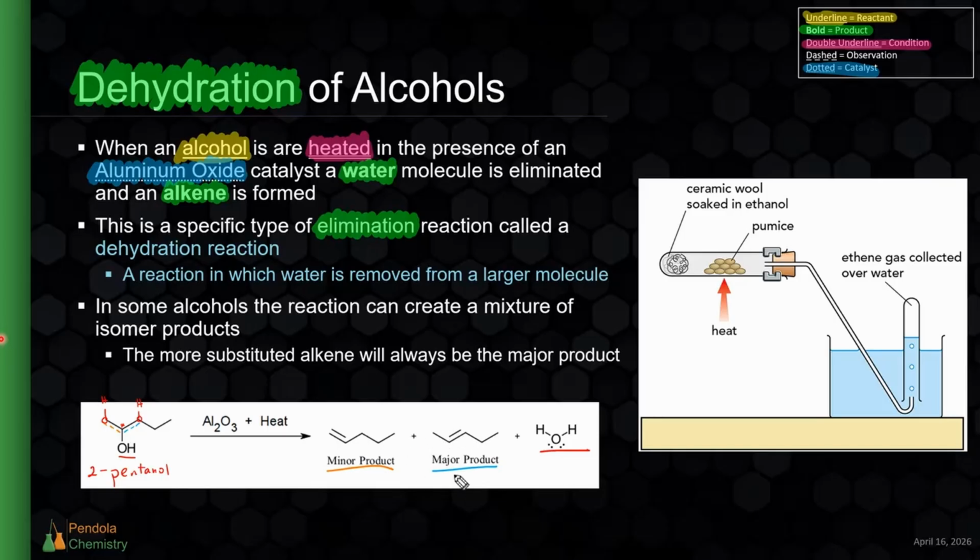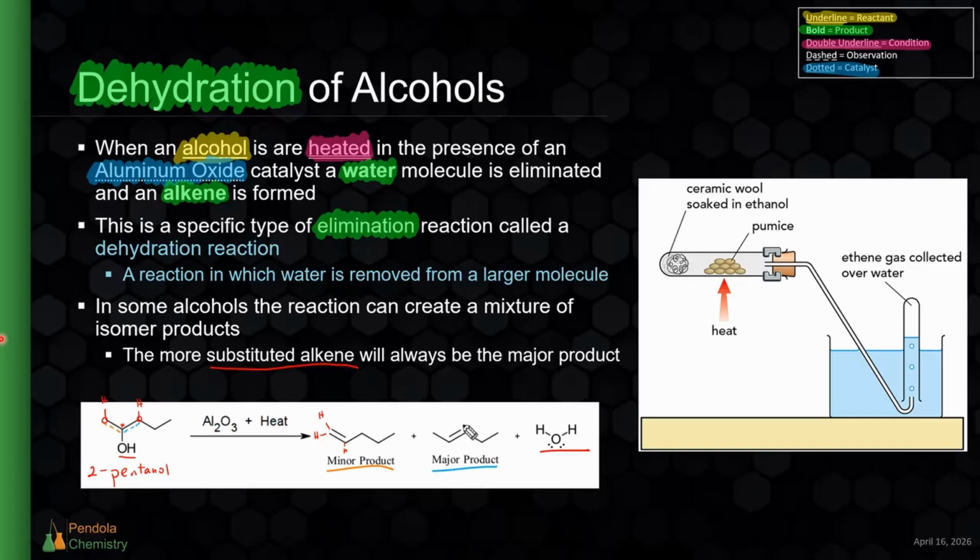Now there is going to be a major product and a minor product in this case. The more substituted alkene is always going to be the major product. And what do we mean by that? The alkene that has carbons with fewer hydrogens on them is going to be the major product. So here, this alkene has 1, 2, 3 hydrogens.